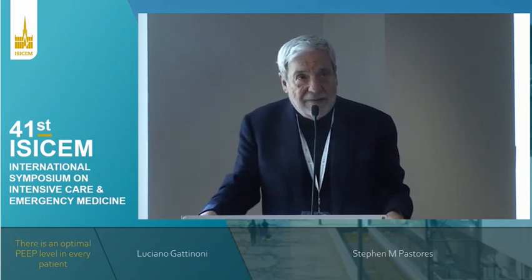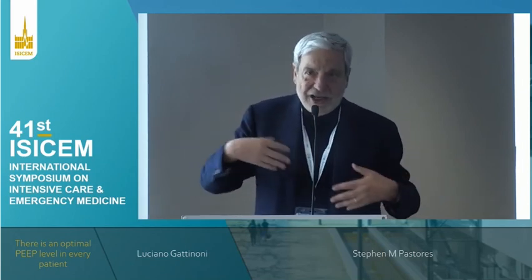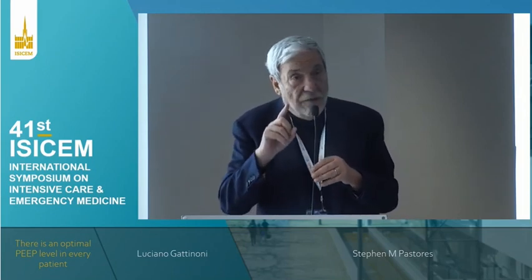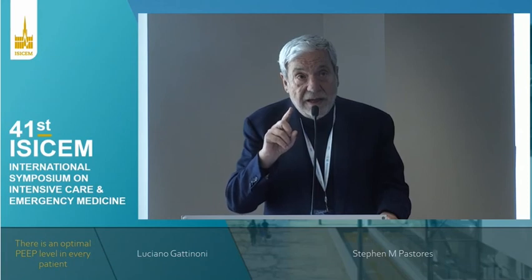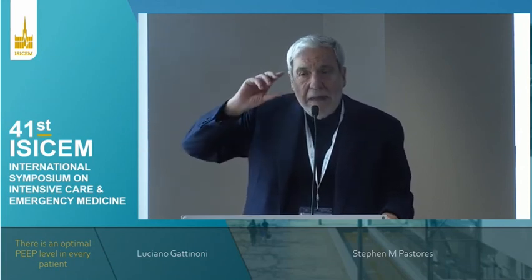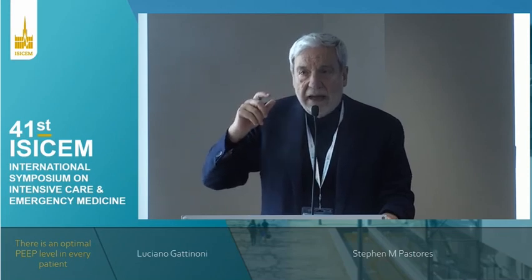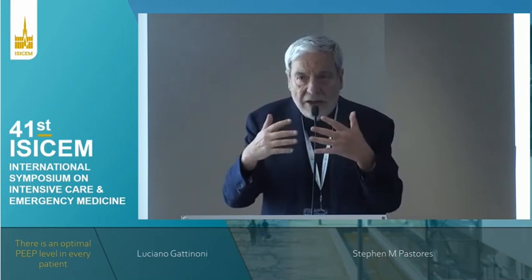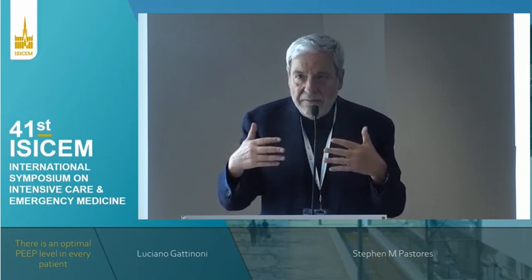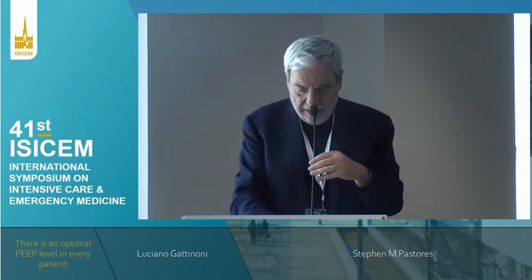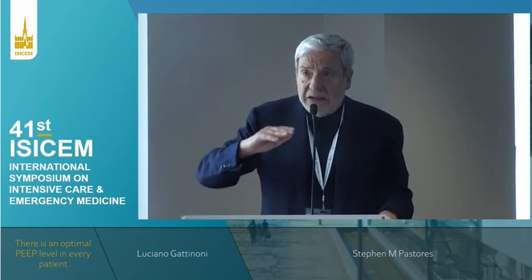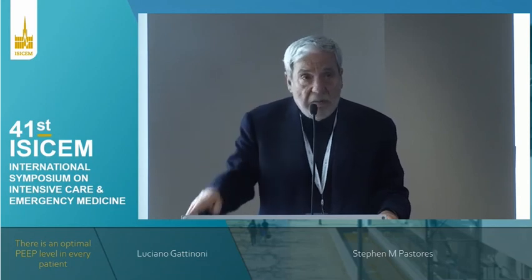A possible exception may be a very severe obese patient, which is a particular effect that makes me think a lot about the real explanation of that. But I agree with Amato that the chest wall elastance is absolutely normal in this patient.